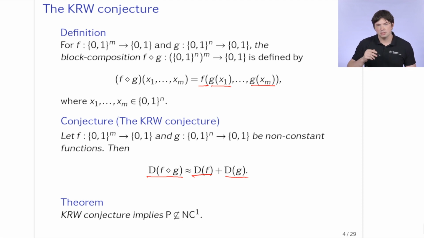I know this "roughly equal" may not seem the most mathematical term, but the thing is there are many different ways you can define this conjecture, with different meanings behind this "roughly equal". But they all share one thing in common. They all imply that P is not contained in NC1.